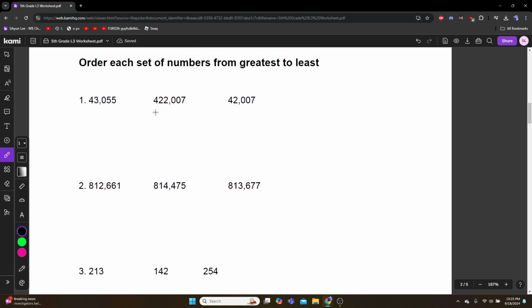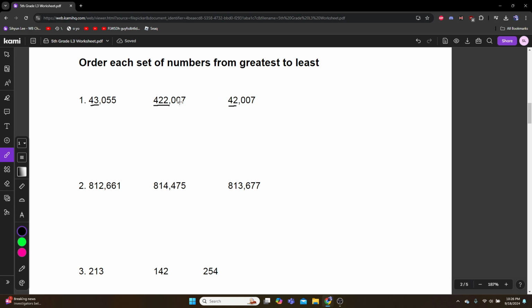Order each set of numbers from greatest to least. Okay, so first off, when we tackle this problem, we want to be looking at the places for whichever one has the greatest amount of value places. So we know that this is in the 10,000s, this is in the 100,000s, and this is in the 10,000s.